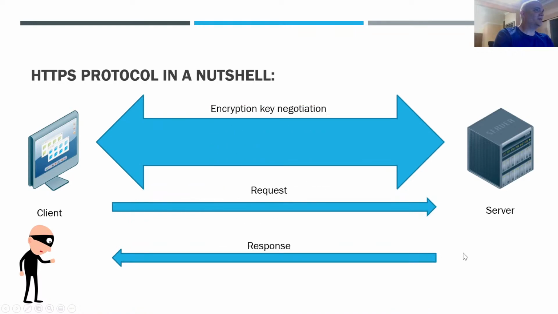In order for us to encrypt the data, the first thing we need to do is get some sort of negotiation between the client and the server to have an encryption key. Now, quite a bit of mathematics happens behind the scenes there, and it's not something we really need to get into right now.